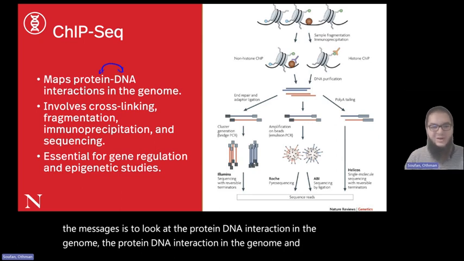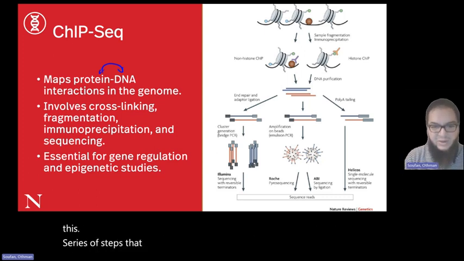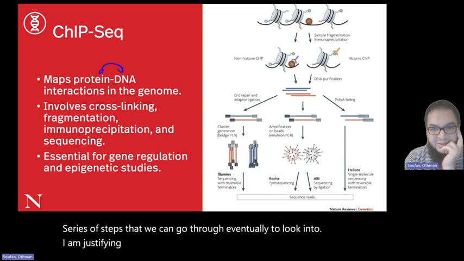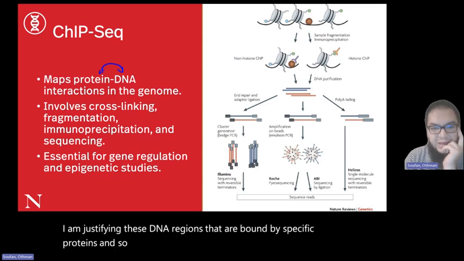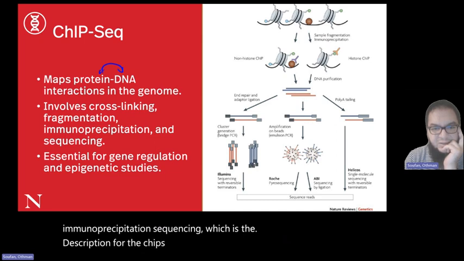And there is a series of steps that we can go through to identify these DNA regions that are bound by specific proteins. And so we go through chromatin immunoprecipitation sequencing, which is the description for the ChIP-seq acronym.